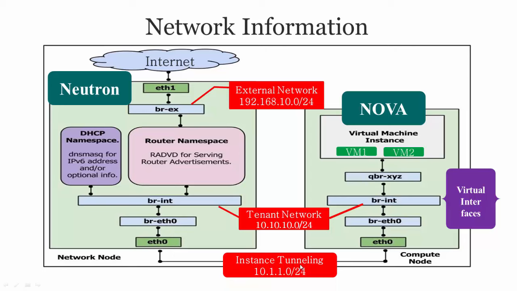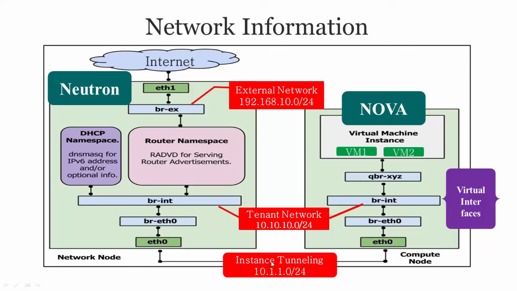ETH0 normally can be used only for the tunneling, the service instance tunneling. So now the Neutron and the Nova, these two nodes are connected by these instance tunneling network addresses. So in my case, now you will use this one, external network, this one, tenant network, this one. So it means the virtual machines will have this network address.